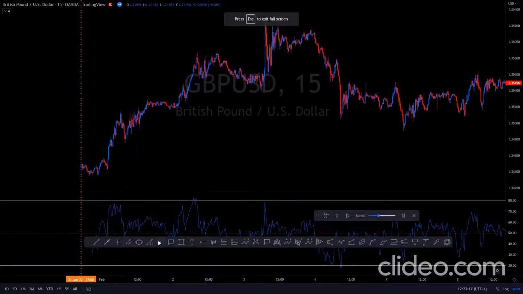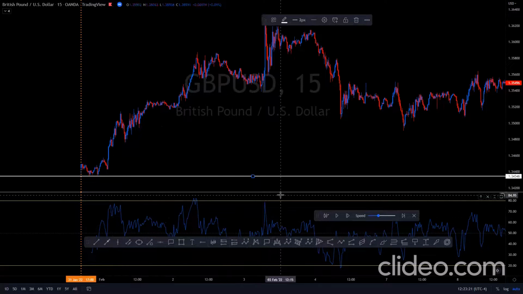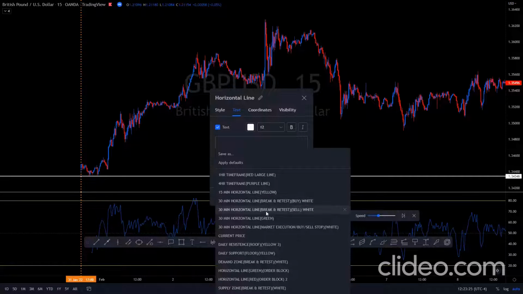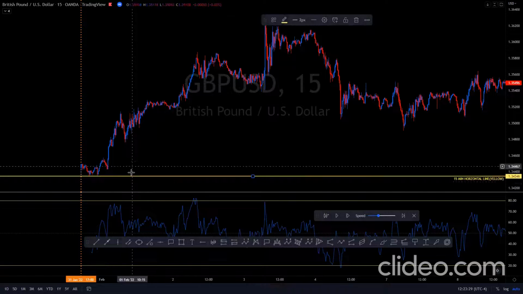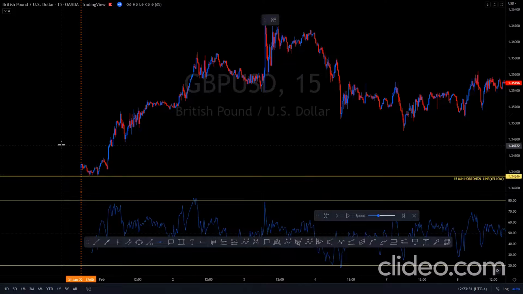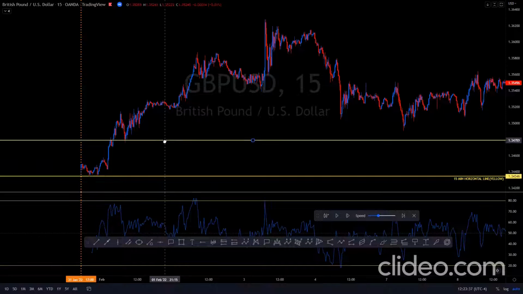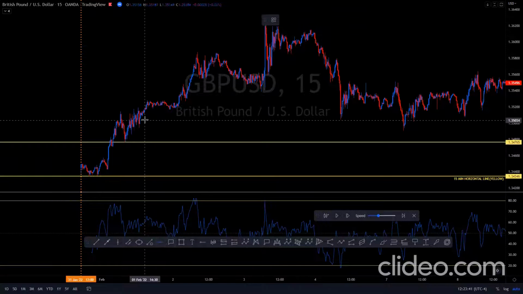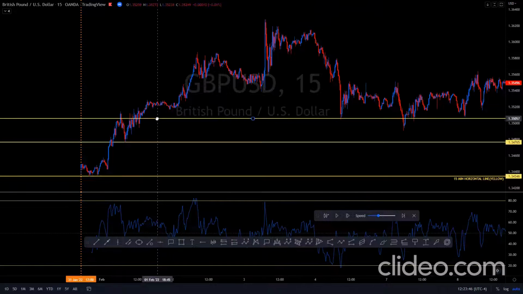And now what we're going to do is mark up institutional support or resistance. These are areas where in the past price has gathered a lot of liquidity and made big moves. And these are the type of moves that you want to be in, consistent moves like that. I would say this is probably a good spot here. Next spot I see is here. Maybe bring it up to here.